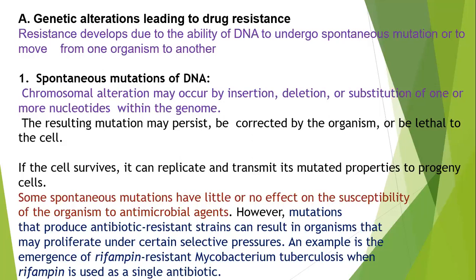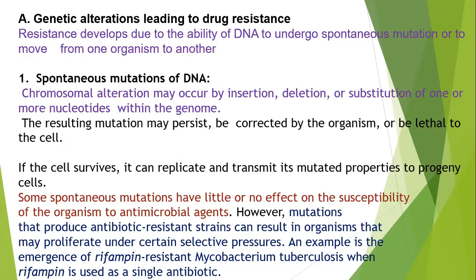If the cell survives, اذا هاي الخلية عاشت it can replicate راح تتكاثر and transmit its mutated properties to progeny cells. فممكن راح تنقل هذا الميوتيشن الى البروجيني سيلز مالتها. اوكي فهنا هذا نسميه spontaneous mutation.